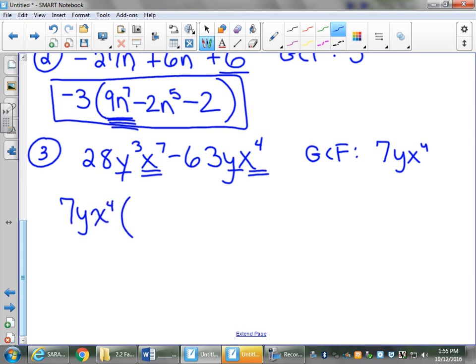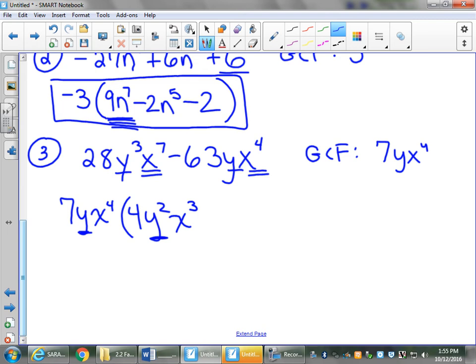If we factor out 7y x to the 4th, we have to figure out what remains. 7 times 4 would get us back to the 28. To get a y cubed, I would need a y squared here, because y times y squared is y cubed. And I factored out 4 of the 7 x's, leaving me with x cubed. If you were to redistribute, x to the 4th times x cubed is x to the 7th.